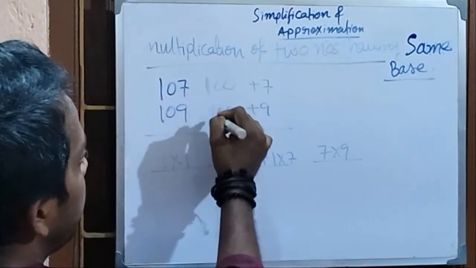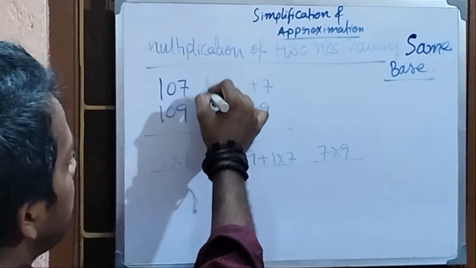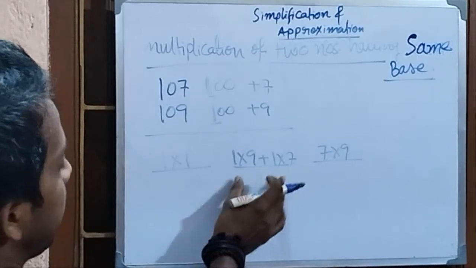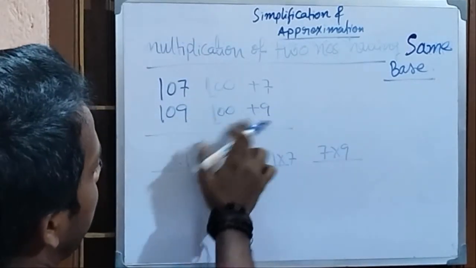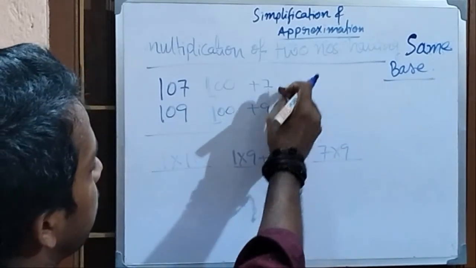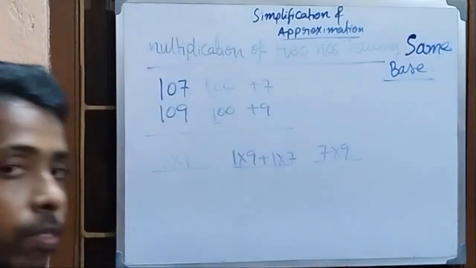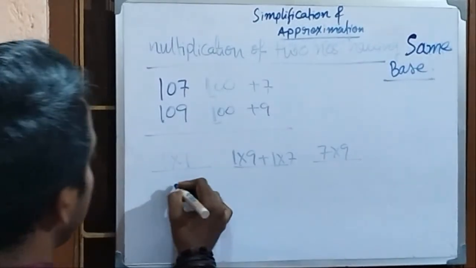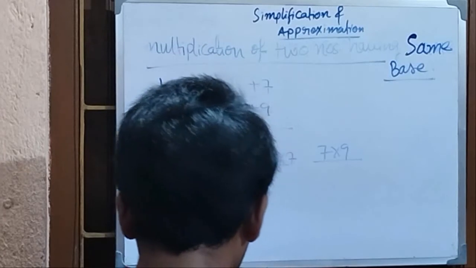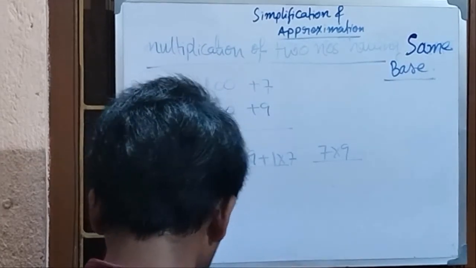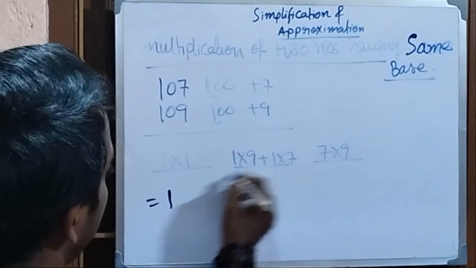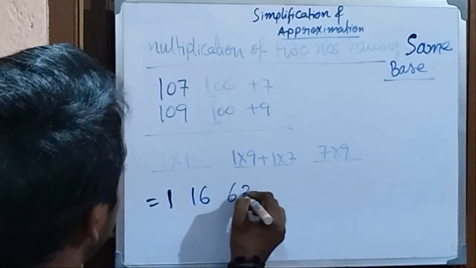Here, for the base part excluding the 0, it is only 1 into 1, and the second part is just cross multiplication, 1 into 9 plus 1 into 7, and in the third box just the extra part you have to multiply, right? So our answer is 1, 1, here it's 16 and 63.